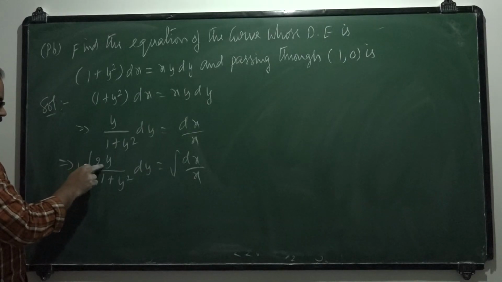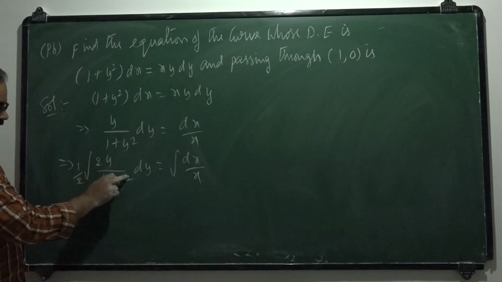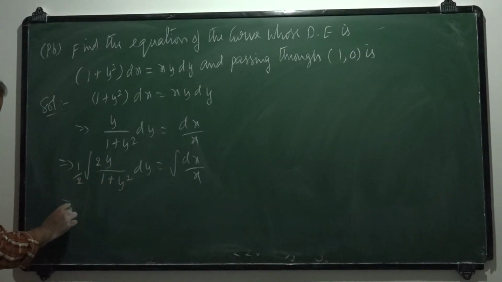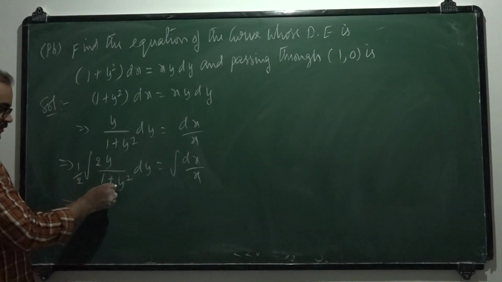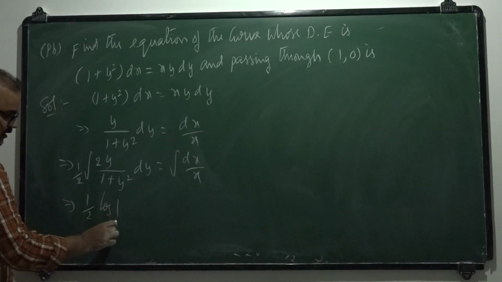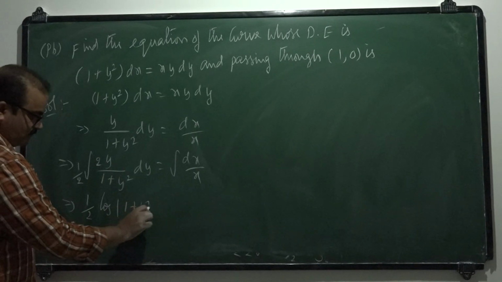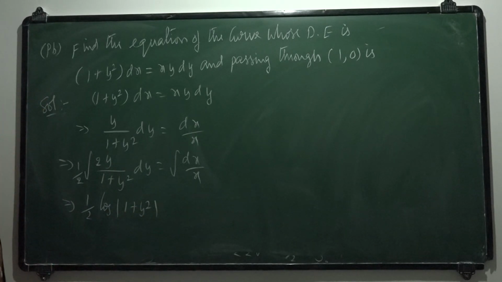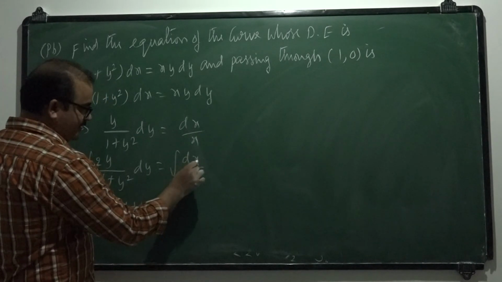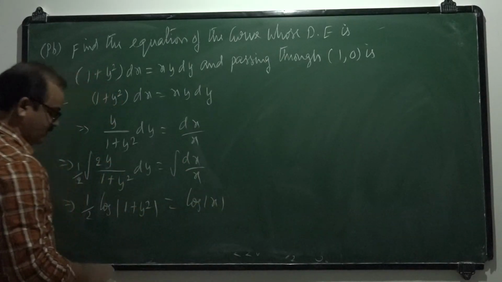If we multiply numerator with 2, numerator 2y is the derivative of denominator. If numerator is derivative of denominator, its integration is log of denominator, log of 1 plus y square. Integral 1 by x dx, log mod x.